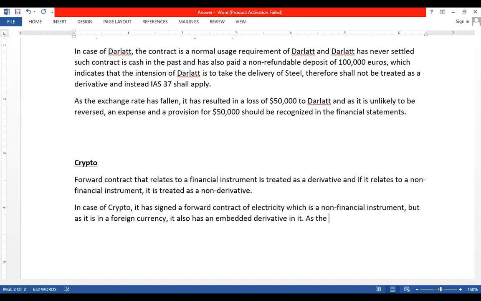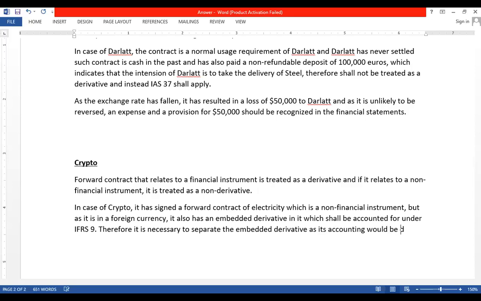As the accounting shall be under IFRS 9, therefore, it is necessary to separate the embedded derivative as its accounting would be different than the other part of contract.